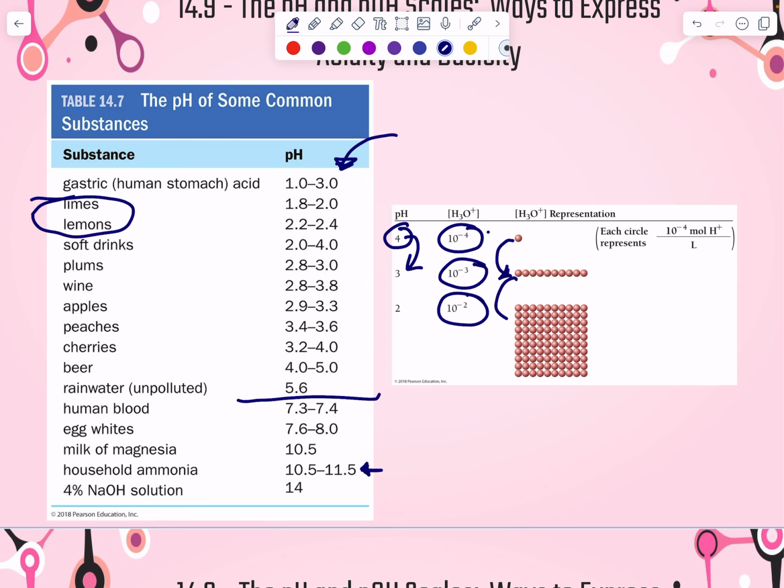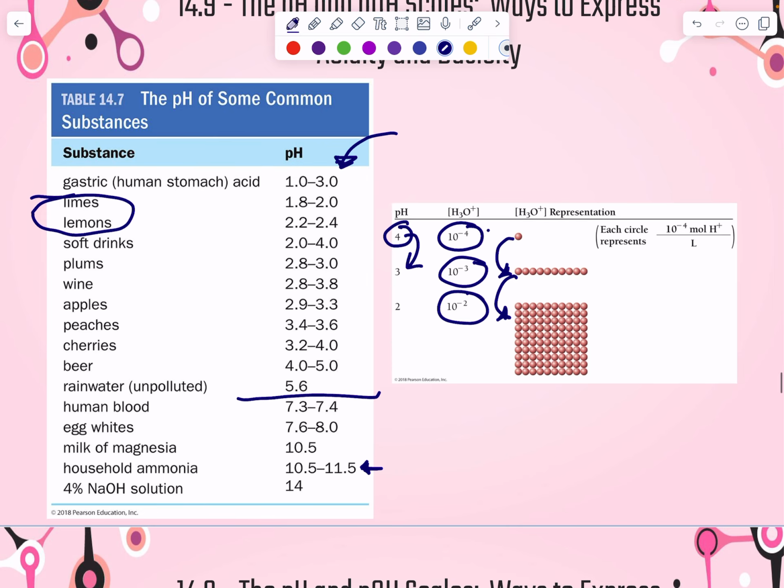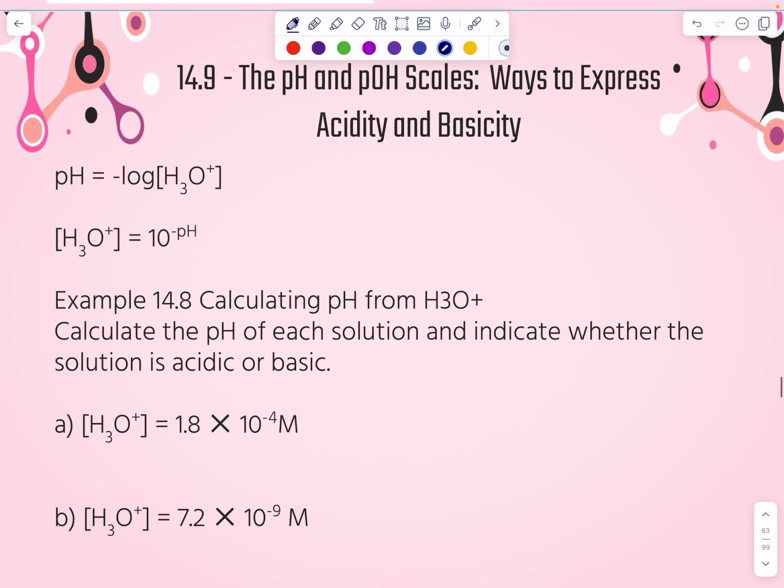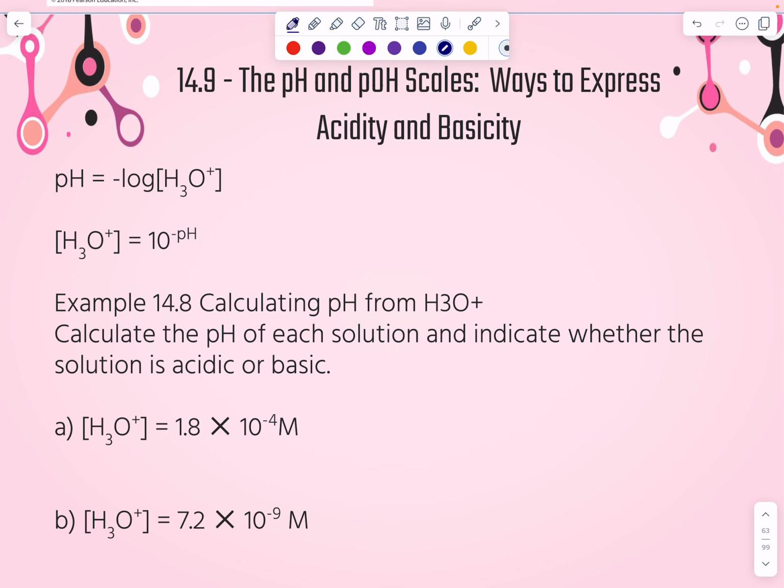And when I go from 3 to 2, I increase the acidity 10 times. And so here's the actual formula. pH equals the negative log of the H3O plus, or remember, those two things are synonyms for each other, H plus concentration. And then here it is going the other way. If I have the pH, what is the H3O plus concentration?